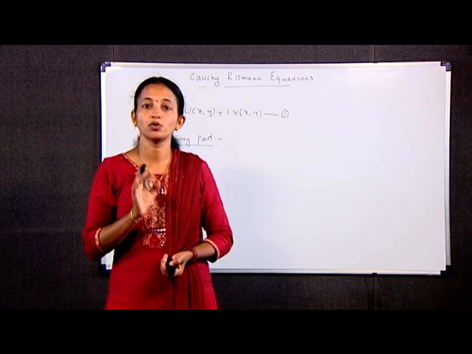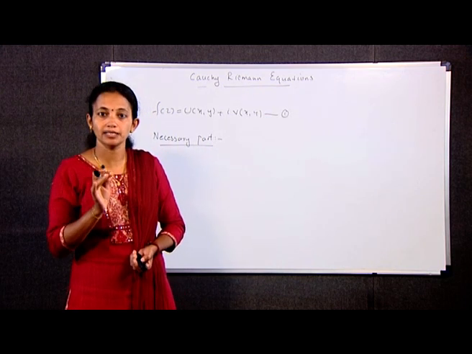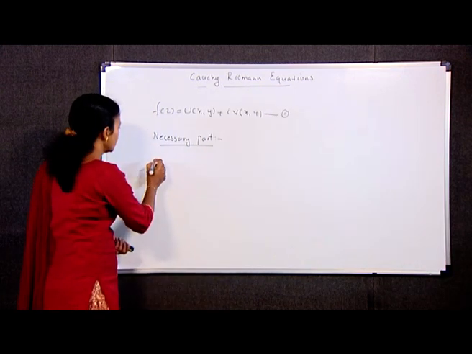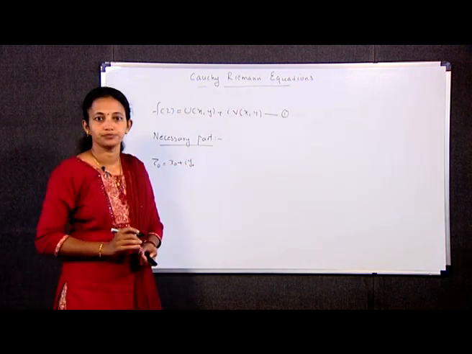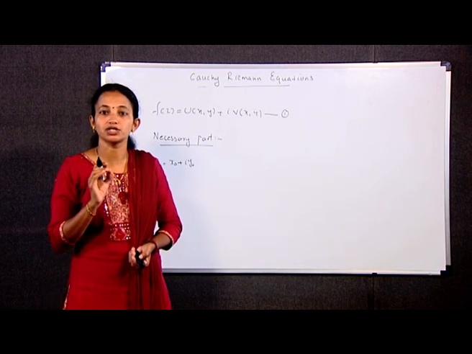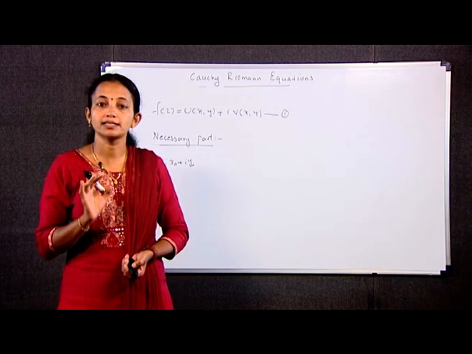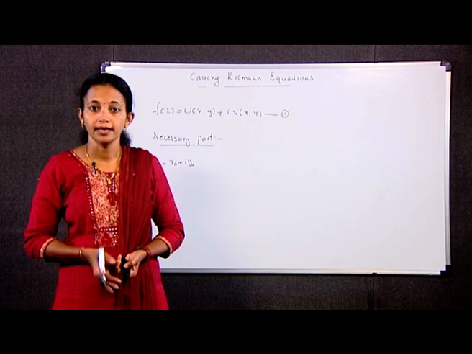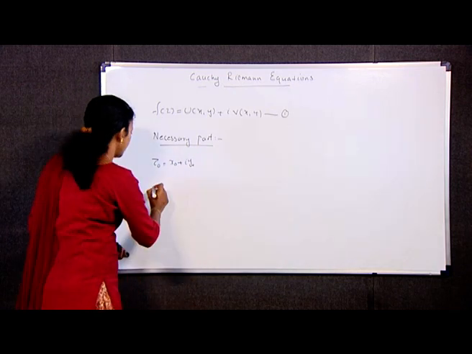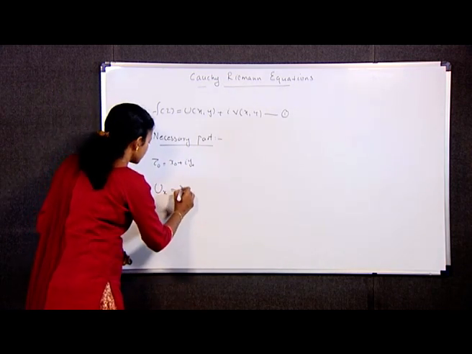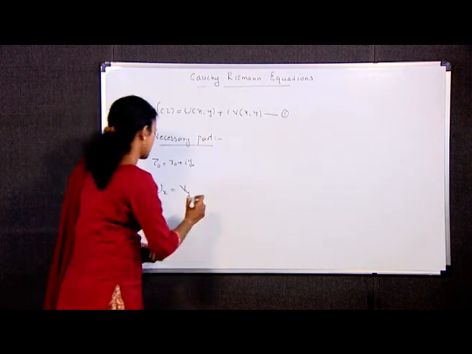Suppose f(z) = u(x,y) + i v(x,y) and that f'(z) exists at a point z0 = x0 + i y0. Then the first order partial derivatives of the functions u and v must exist at (x0, y0) and they must satisfy the Cauchy-Riemann equations ux = vy and uy = -vx.